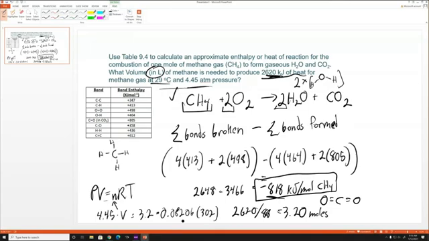So 302 times 0.08206 times 3.2 moles divided by 4.45. And that gives us our volume V equals 17.8 liters. And that's the correct answer. So this is a good question. It goes over kind of everything from stoichiometry to bond enthalpy to gases. It's a really good question.